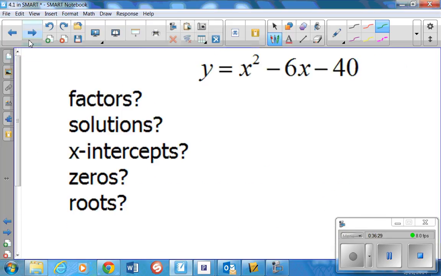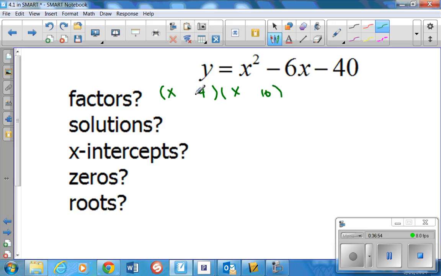Okay, so we have this polynomial. This is a quadratic trinomial. What are its factors? What do we got? 4 and 10?